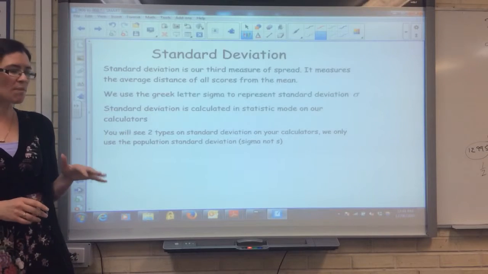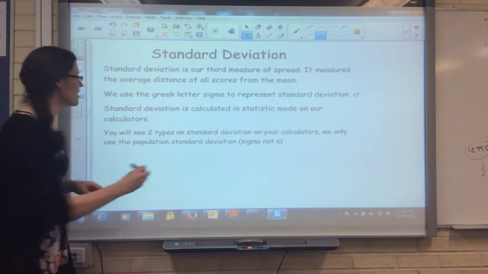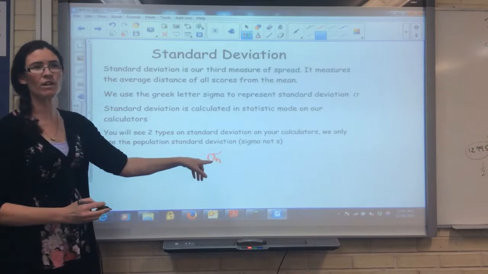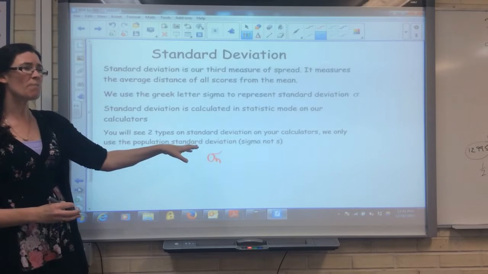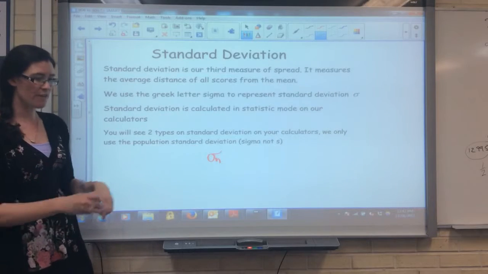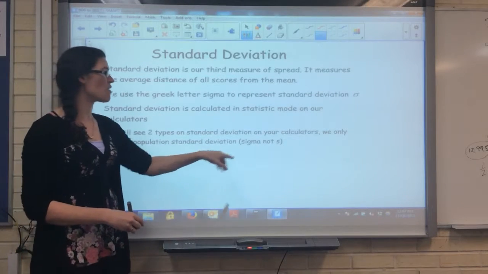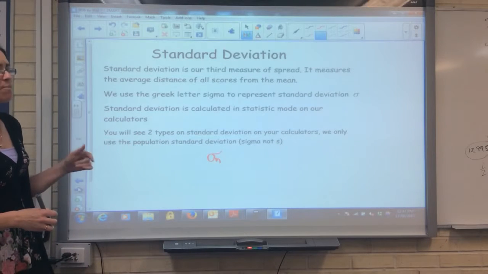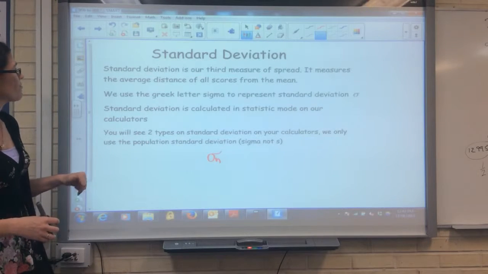Do not use the n minus 1, you just want to use the sigma n. Our calculators, if you've got the standard school one, have the other one as an S, so it's pretty easy not to get confused, but some of the other brands use different symbols.